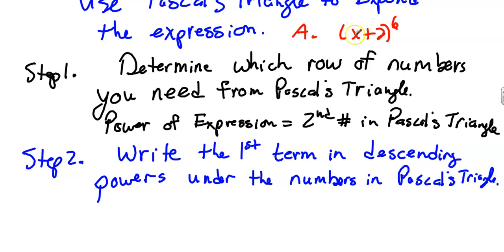So for us, we've got x, and basically you're going to start with x to the 6th power. Next term will be x to the 5th, x to the 4th, x to the 3rd, and just keep counting down and going from there.